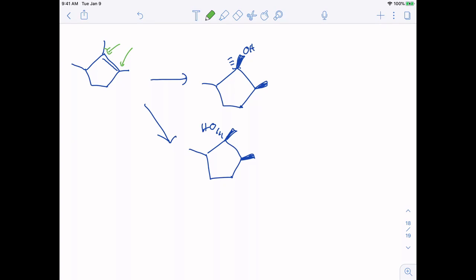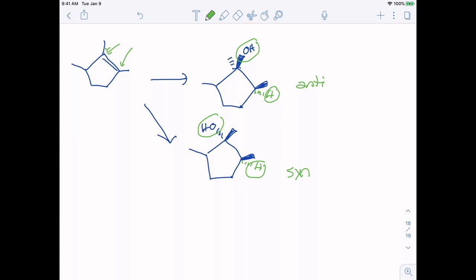So the only thing I have is the stereochemistry. So the hydrogen, right, I didn't draw it, but there is a hydrogen going back here. And then here my hydrogen's also going back because the methyl group's going forward. So on this one, my hydroxyl group and my hydrogen are syn to each other. On this one, my hydroxyl group and my hydrogen are anti to each other.